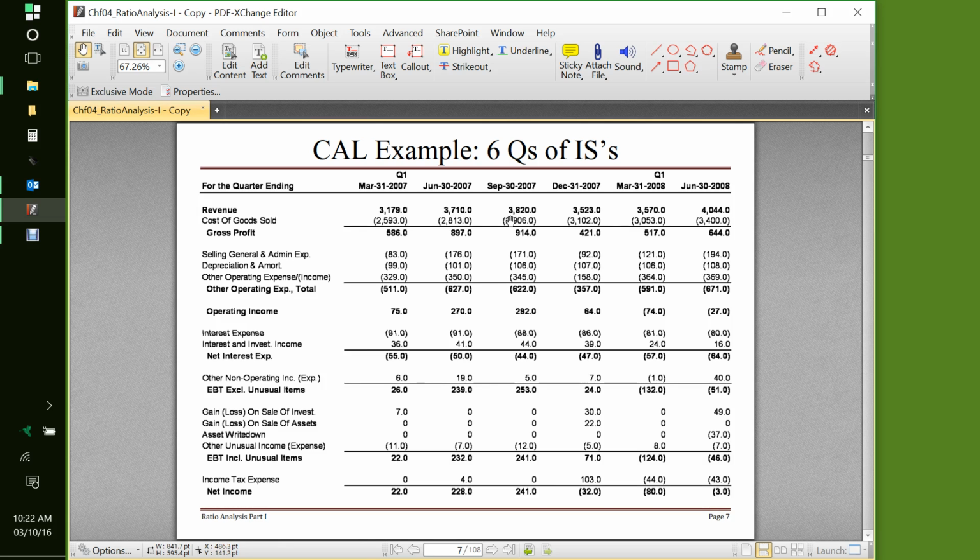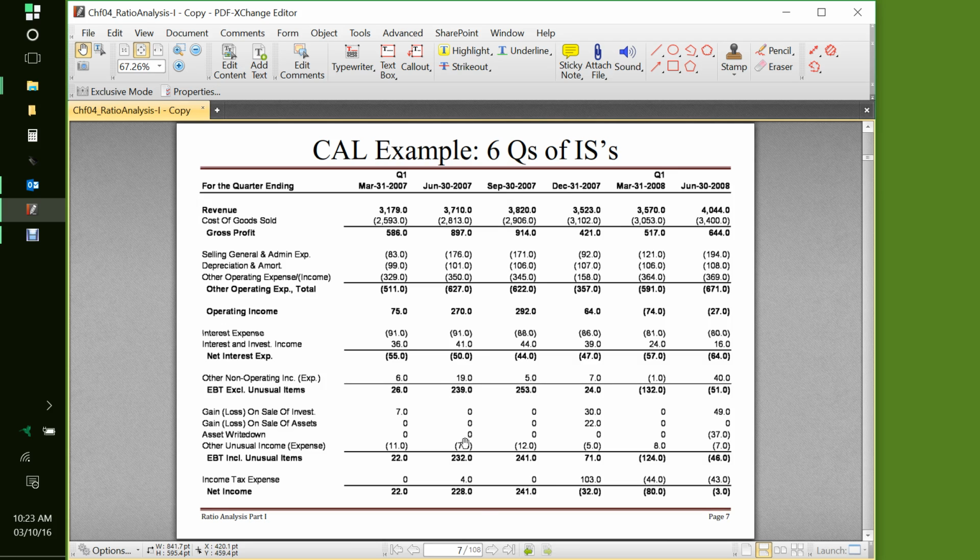It's just not fair to compare these two. So we'd want to jump back a whole year to the quarter ending September 30th, 2006 and compare that with 2007. So that's going to be true for any seasonal company.